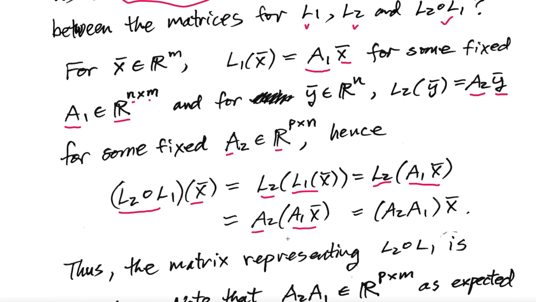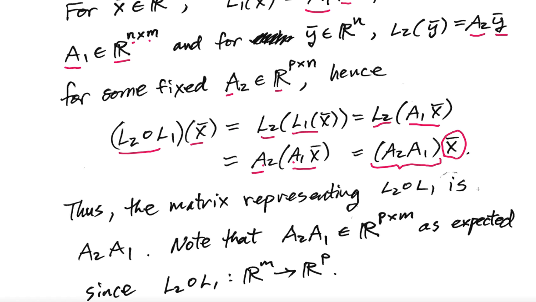You already know that matrix multiplication is associative, so I can move my parentheses and multiply those two matrices first, and then multiply by the vector x.